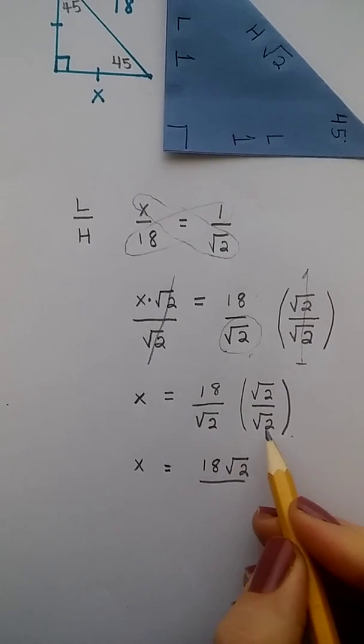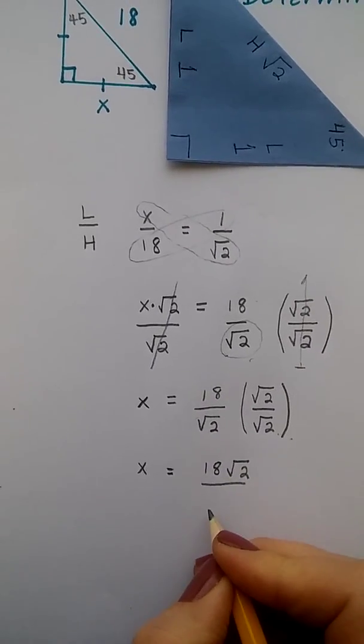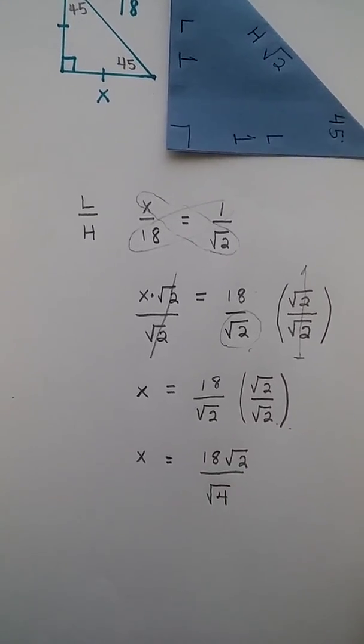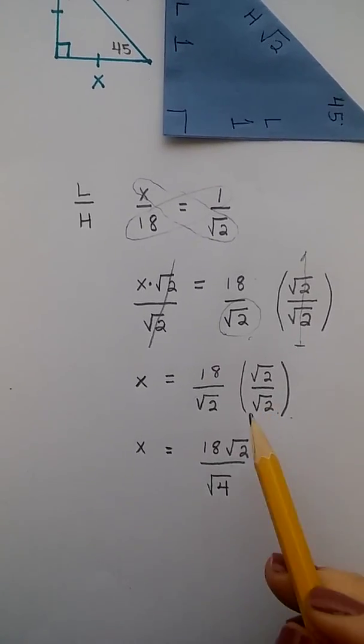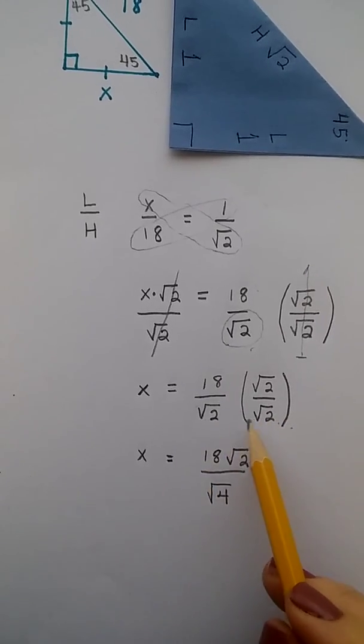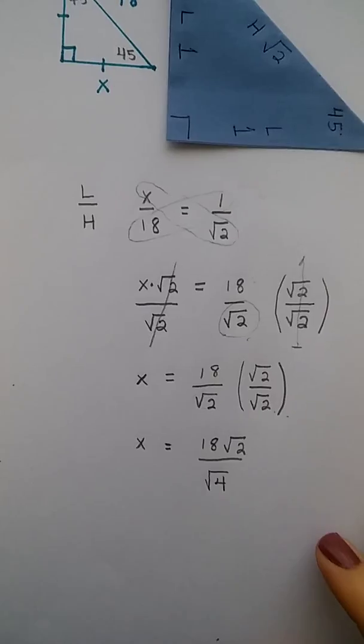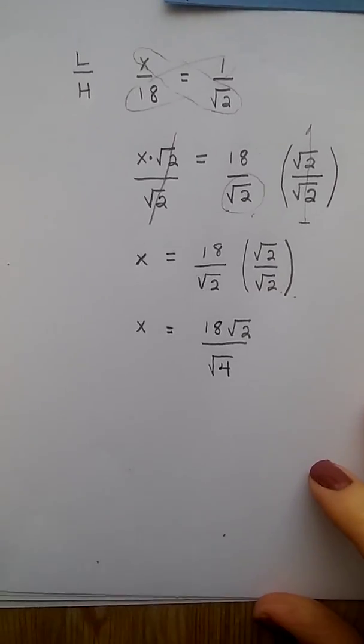Down below, root 2 times root 2 is going to create a root 4. Rationalizing will always create a perfect square on the bottom because of the repetition that you actually create. So let's slide this up a little bit.